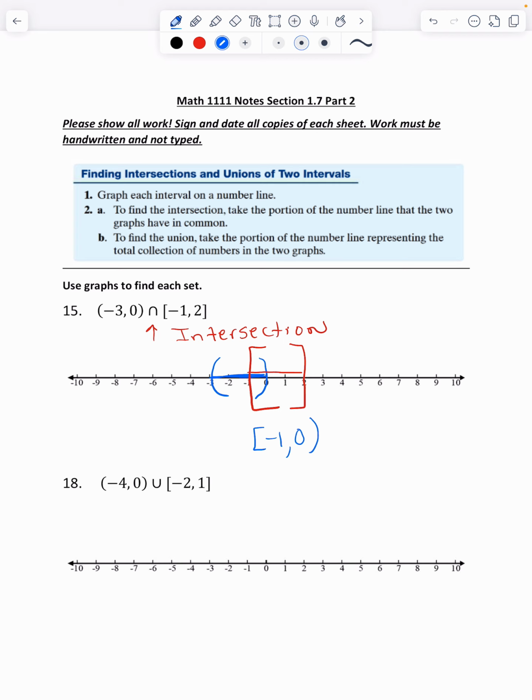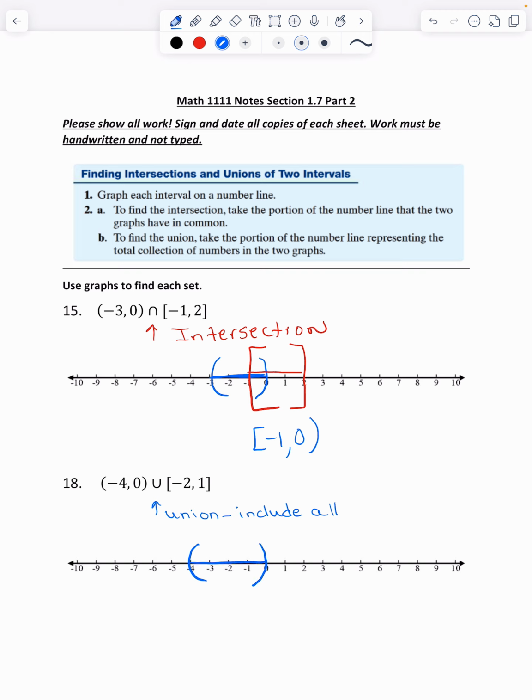In 18, this time we're doing a union. Union means that I'm going to include all. So everything that's graphed is going to be part of my solution set. So I'm going to graph starting at -4 with the parentheses, and it goes to 0 with the parentheses.